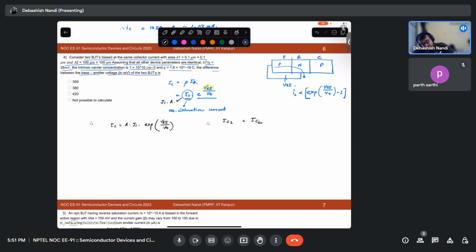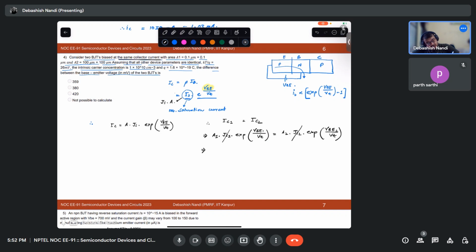Now they are asking us that two BJTs are having the same collector current. So this is A1 JS1 exponential VBE1 over VT, equal to A2 JS2 exponential VBE2 over VT. So JS1 depends on the device internal parameters. It will depend on your diffusion length, your diffusion constant, and the width of the base.